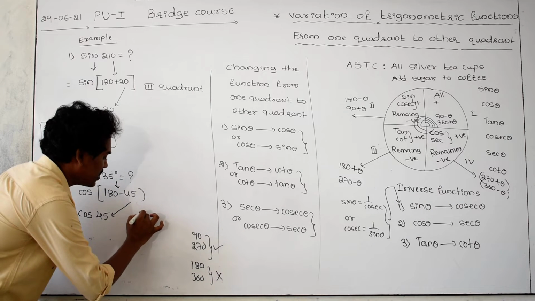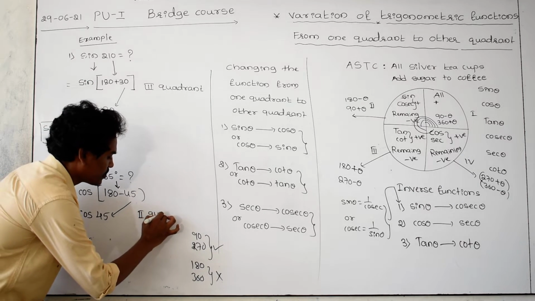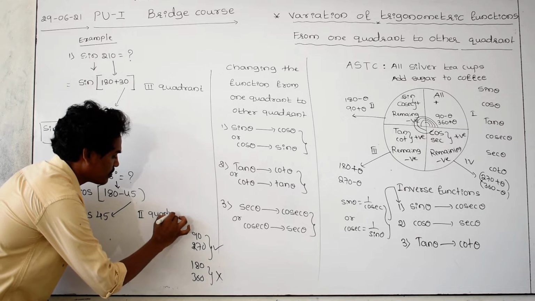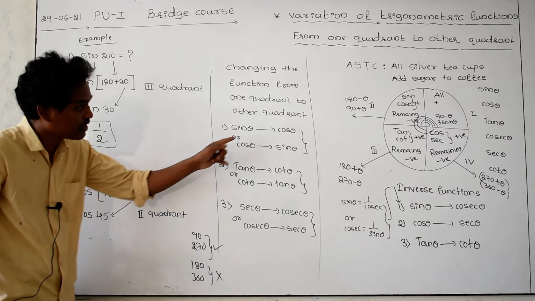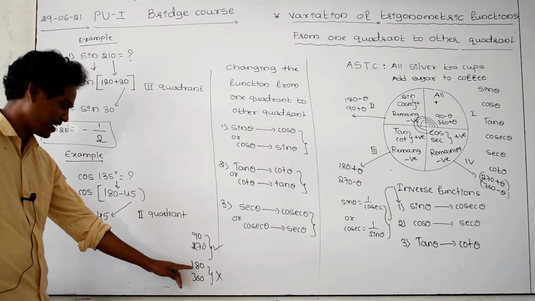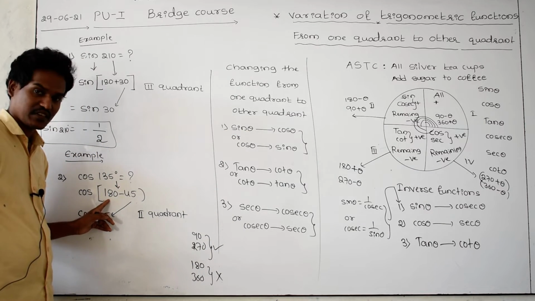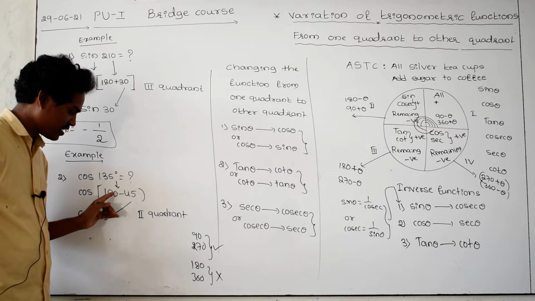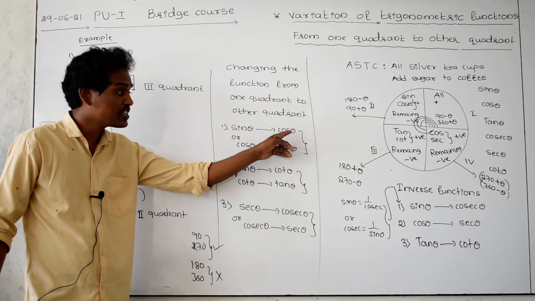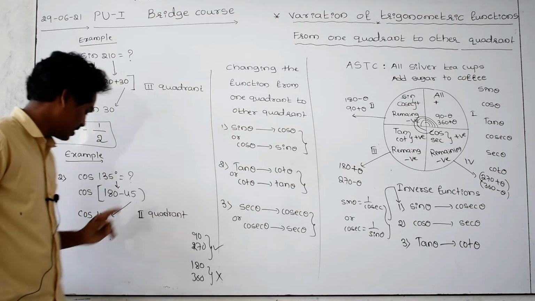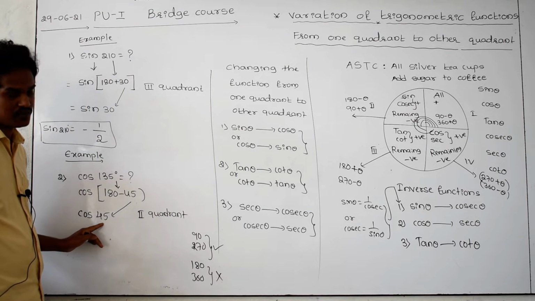Now see, does cos change into sine? No, because 180 is there. The range of the angle is 180. Therefore, sine is not converting to cos, and cos is not converting to sine. Then you keep cos as it is.